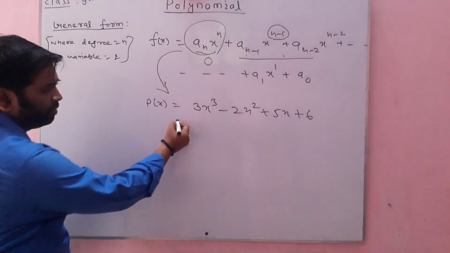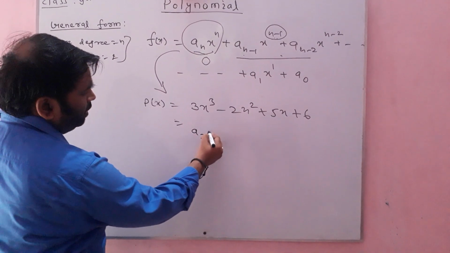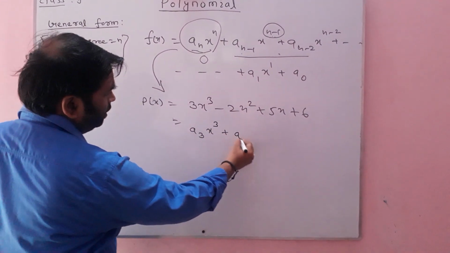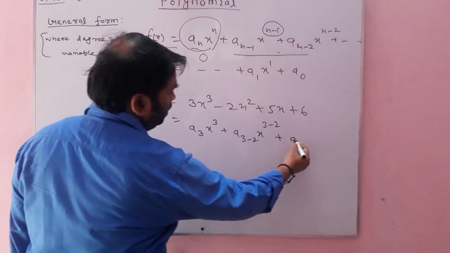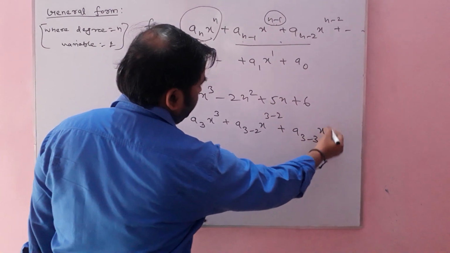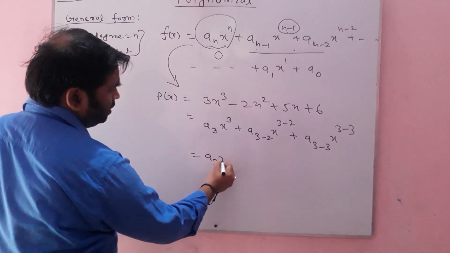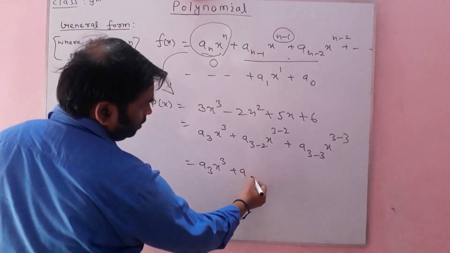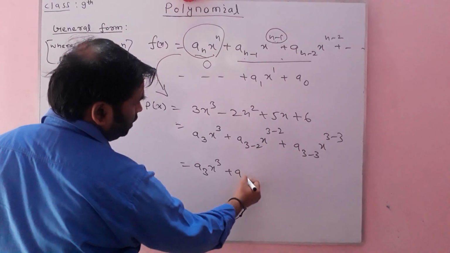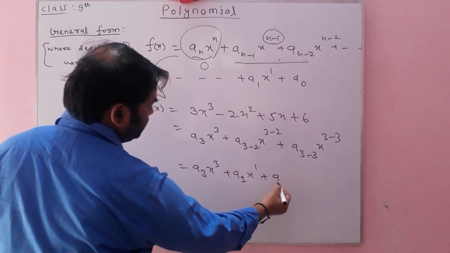So what will we write here? a_3 x^3, a_(3-1) x^(3-1), a_(3-2) x^(3-2), a_1 x^1, and a_0 x^0.